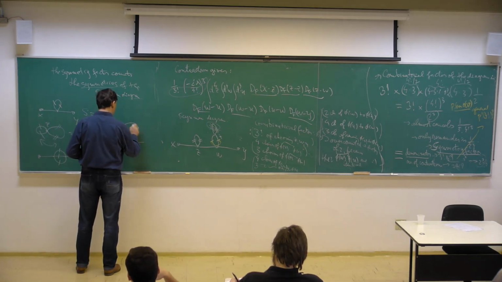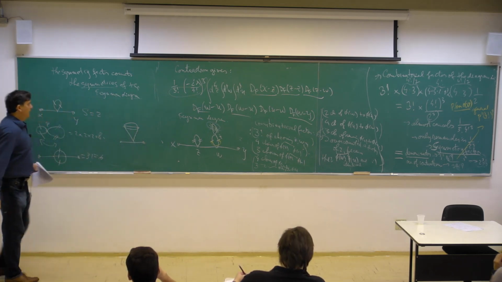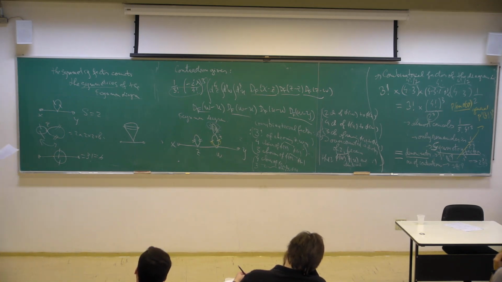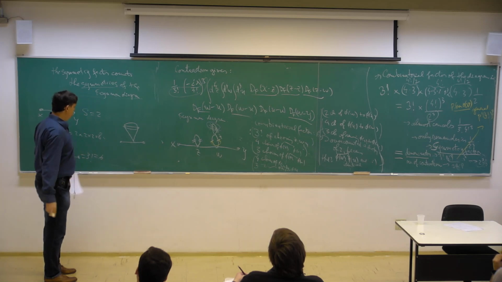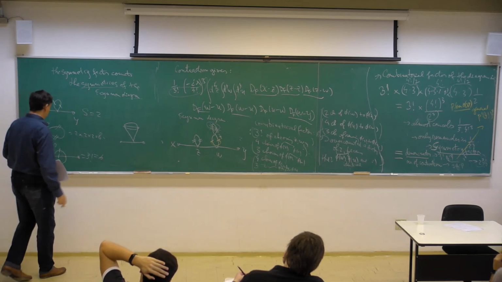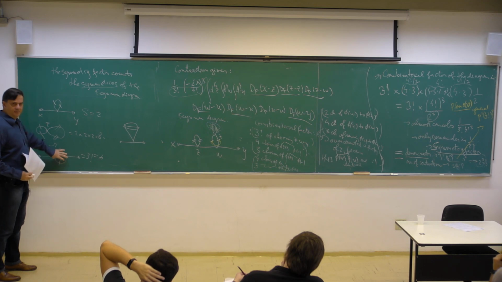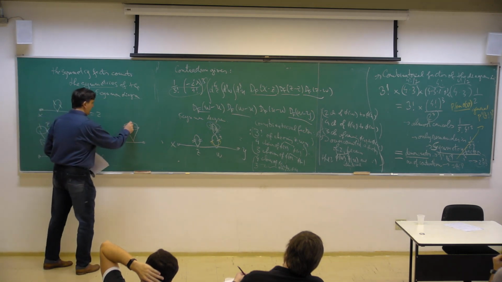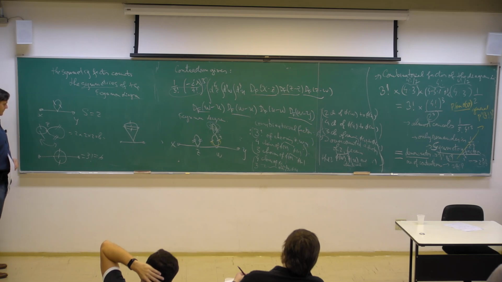Then I can also consider, for instance, this diagram. What's the symmetry factor of this? Well, at least part of it is the same, right? I see the same blob in here. So I can have the interchange of these 3 things.